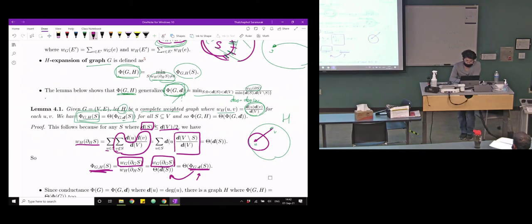Now, because S is on the smaller side, the complement of S is on the bigger side, which is almost everything. Within a constant, this is between half and 1. So now this is just a constant factor. Now you're summing up over all this, you get D of S.